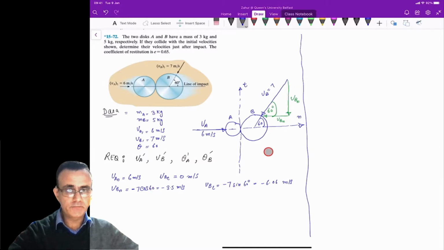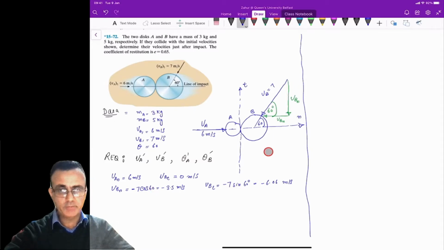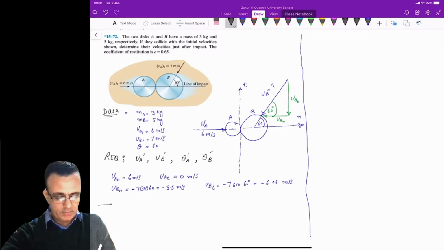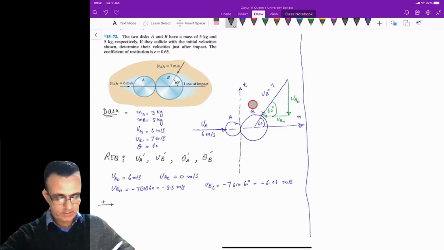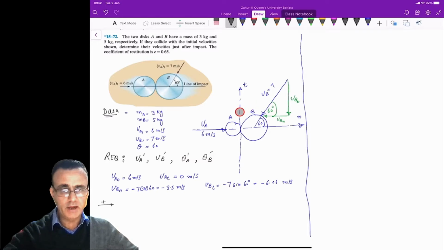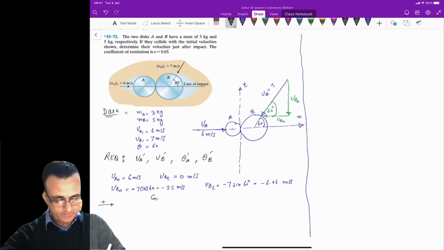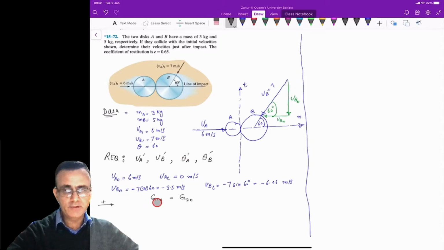The first equation that we can apply is the law of conservation of momentum to the whole system. And obviously we must specify the direction which we are taking as positive. If we take this direction as positive here, then before impact, and this will be applied in the normal direction, G1n equals G2n. So this is the momentum before impact and after impact in the normal direction.